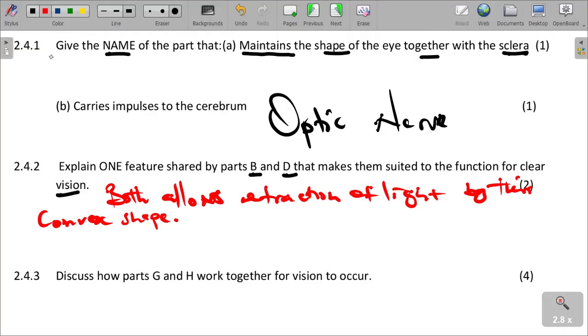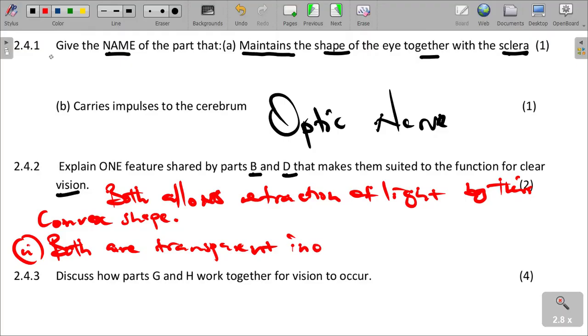Also, they are both transparent, in order for the light to reach the retina.